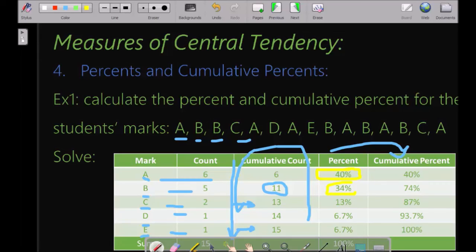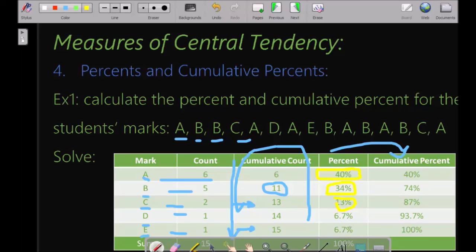Now let's get to the other value. This cell tells me that there are 34% of my students who got B in the exam of this subject, and so on. We have 13% who got C, 6.7 D, 6.7 E. If you try to sum all of them, you will get 100. You may not get exactly 100 because I've just rounded some values, you see.